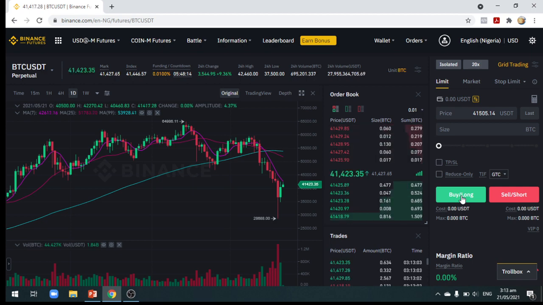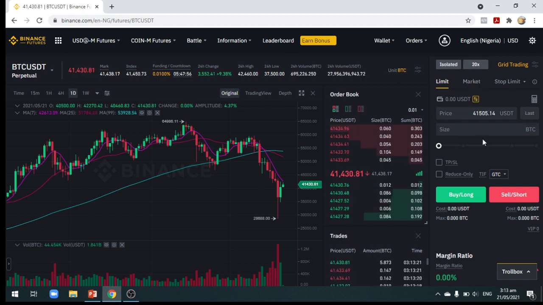And if you are losing, a 1% change in price is going to be multiplied by 20, which is the amount of leverage you have selected, and then you're making a 20% loss. Okay, so that is how it works.